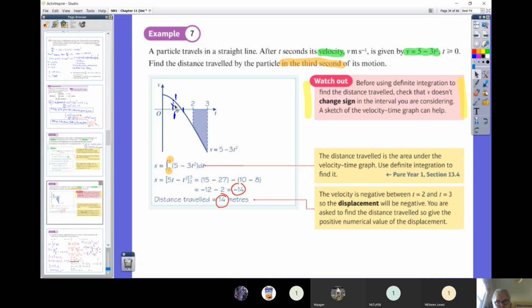You can have a bit of positive area, a bit of negative area, and if you just try to integrate across the whole stretch, they cancel each other out a bit. So, but we're fine here. We're going from 2 to 3. It's all below the curve. So that's just something to watch out for. And as I said, I can't remember whether that crops up in the exercise or not, but it might do.